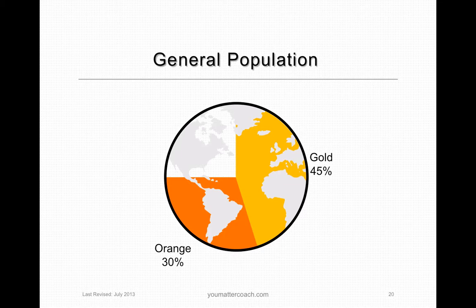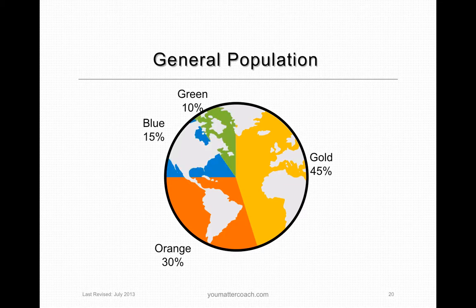And the thought process there is that we need discoverers, explorers, and people that aren't afraid to see if the world isn't flat, that sort of thing, right? So that's where the orange comes from. Blue is next, and then green. Green is the smallest part of the general population, and I think they like it that way. So kind of an interesting look at the general population and the different colors.